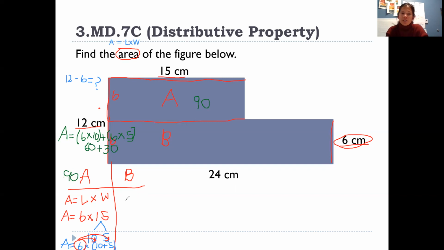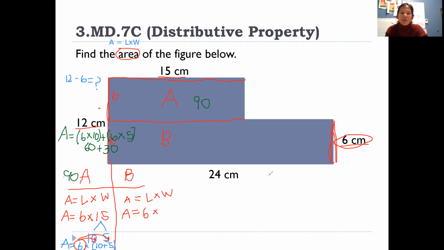All right, let's invest in shape B. First and foremost, we need to make sure we have our equation. Area equals length times width. Great. Now, I need to invest in the length. So area equals length, how long something is. Well, in the work that I did to solve for length for A, I identified that the length of B is 6.